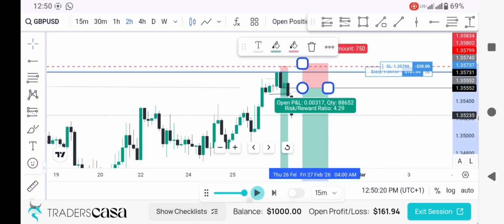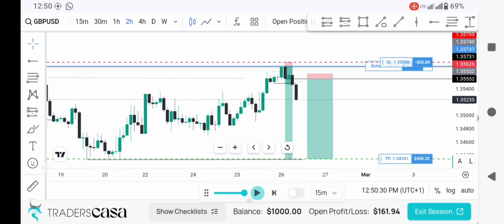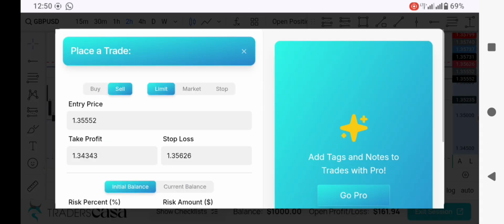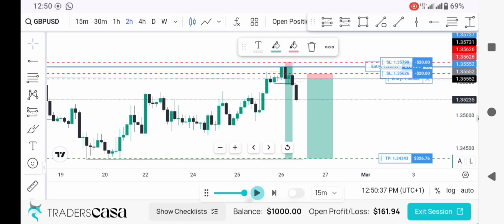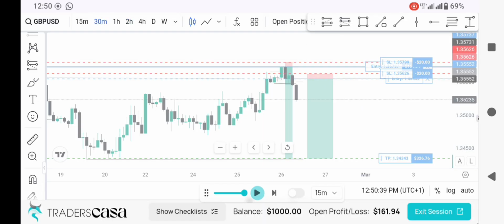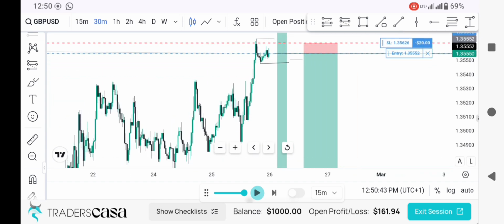Stop loss, should we just go to the rejection block like this in case it taps? Good to go. I'll drop down to lower time frames, and then the market is going to react again.